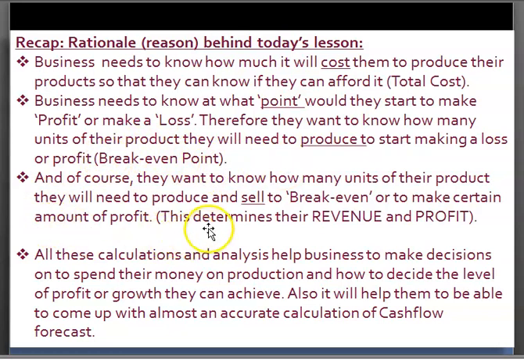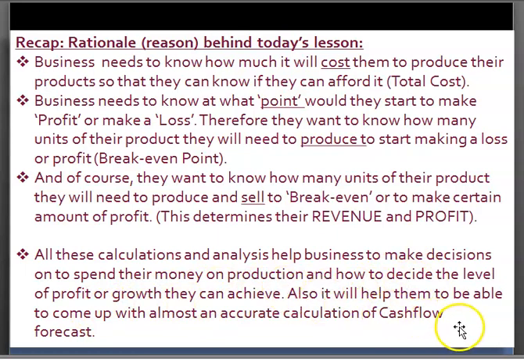And of course, they want to know how many units of their products they will need to produce and sell to break even or to make a certain amount of profit. So this determines the revenue and the profit. All these calculations and analysis help business to make decisions on how to spend their money on production and how to decide the level of profit or growth they can achieve.